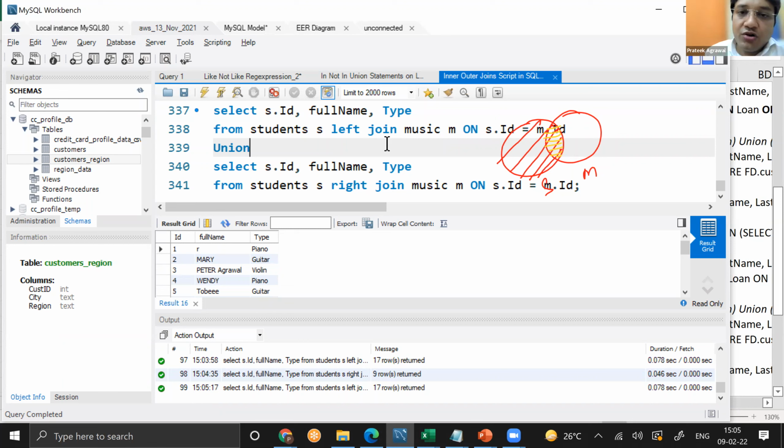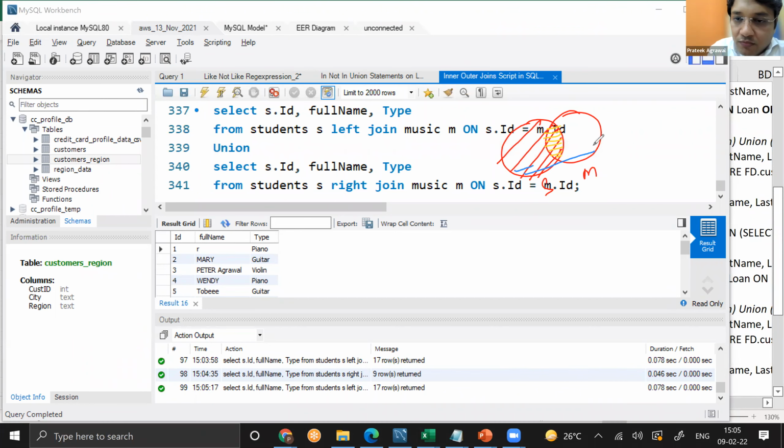So if you do a union between them, it is like this. Is it making sense, everybody?